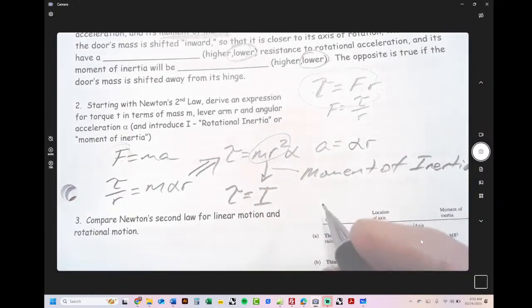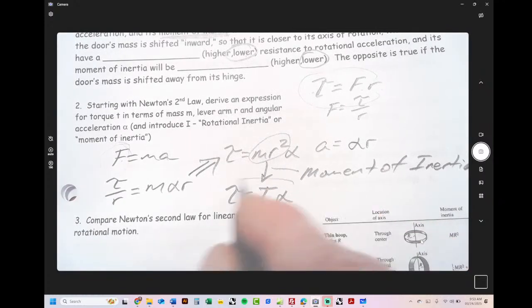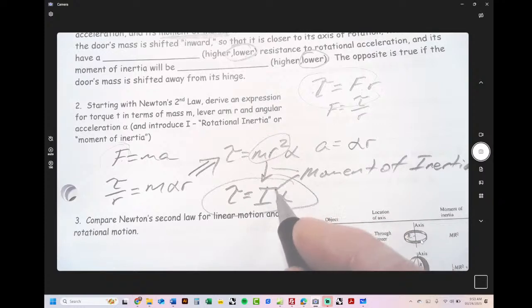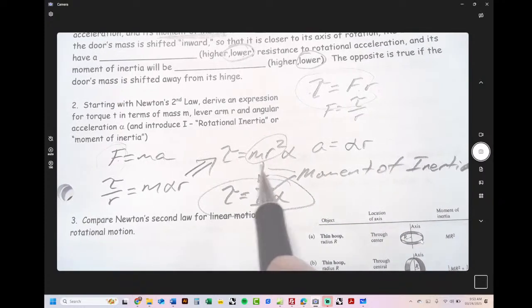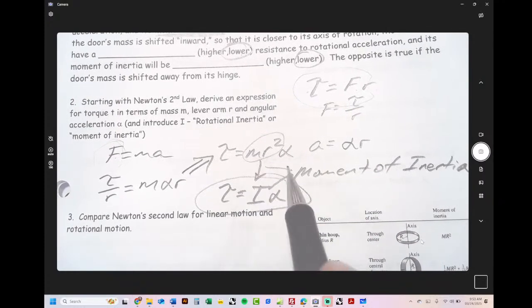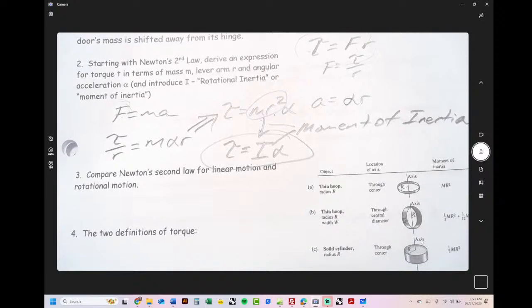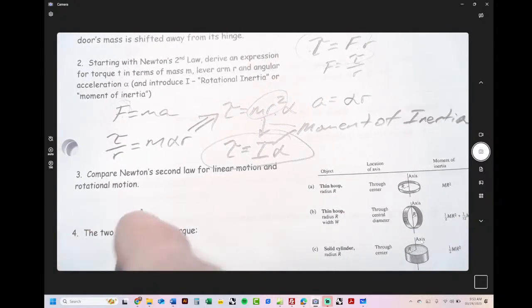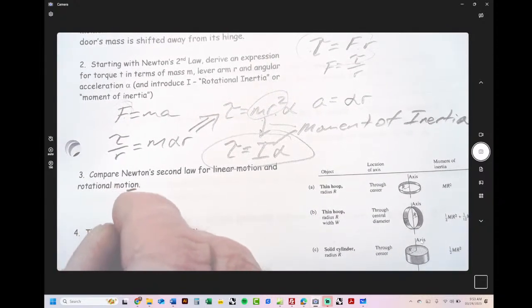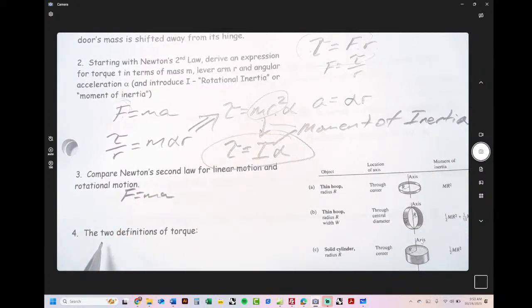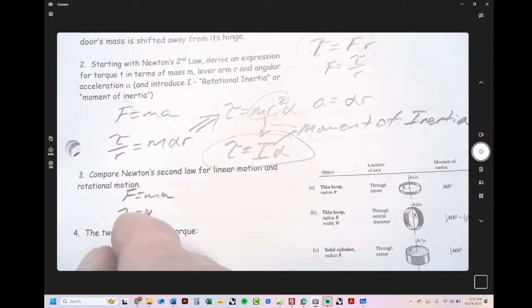We write torque equals I alpha. So I is the moment of inertia. And moment of inertia on a really simple scale is something's mass times its distance to the fulcrum squared. Compare them. So Newton's second law is F equals ma, and the rotational motion version is torque equals I alpha.